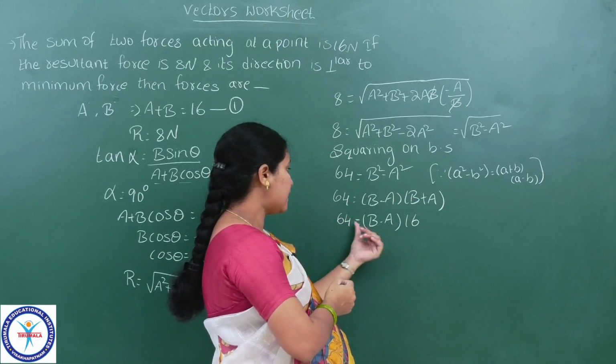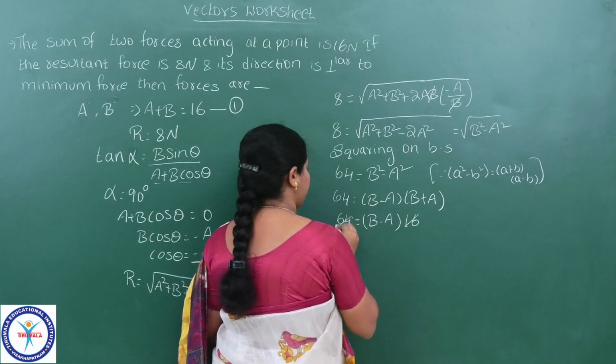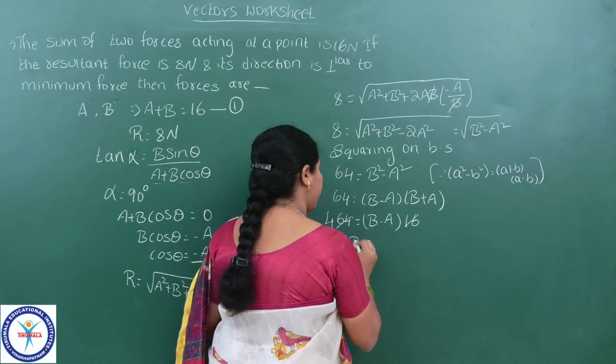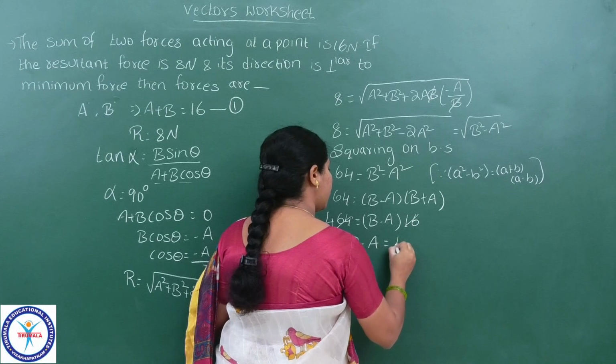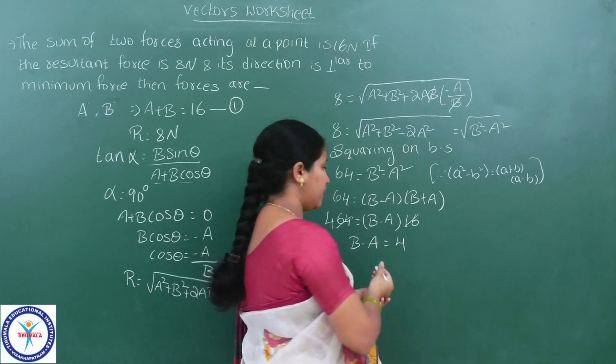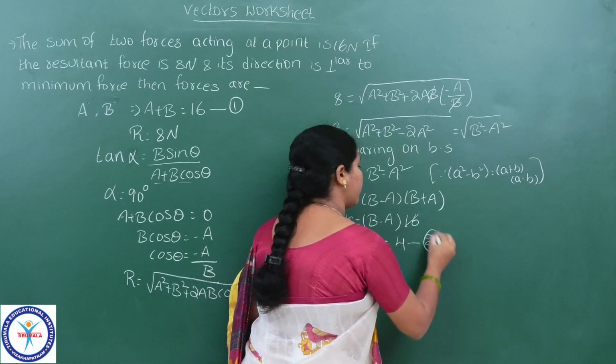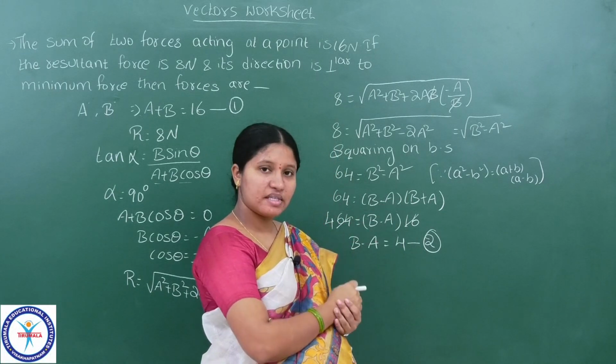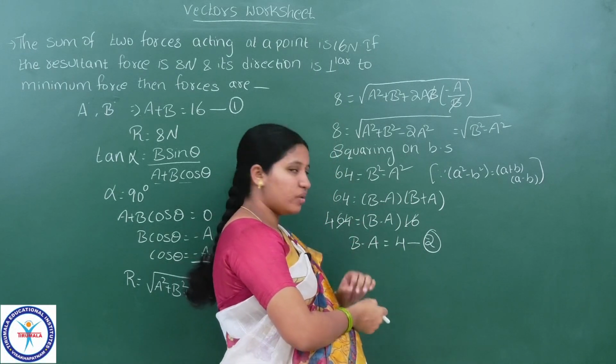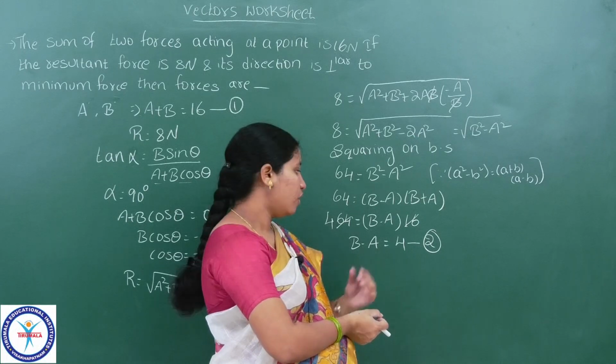Now 16 cancels 64 4 times. Hence B minus A value is equal to 4. So let this be equation 2. We are having equation 1 as A plus B and equation 2 as B minus A equal to 4.